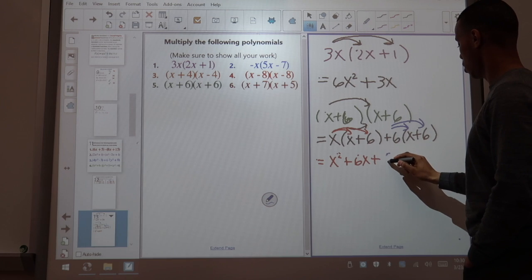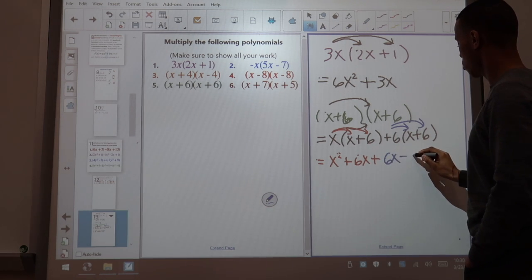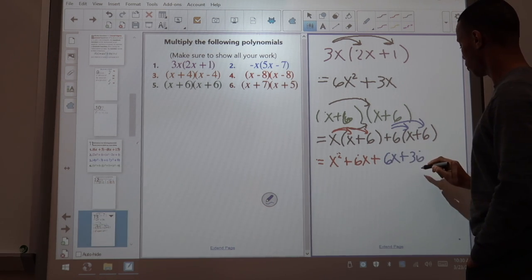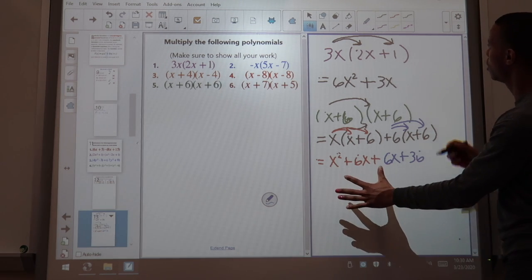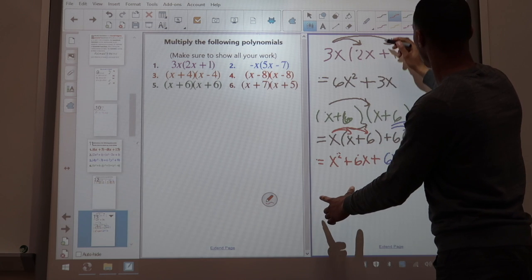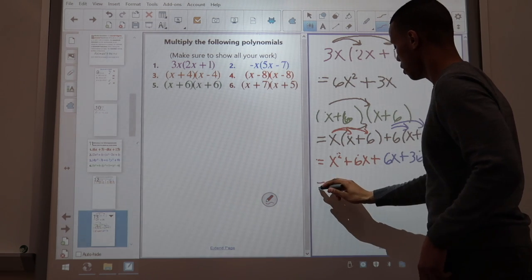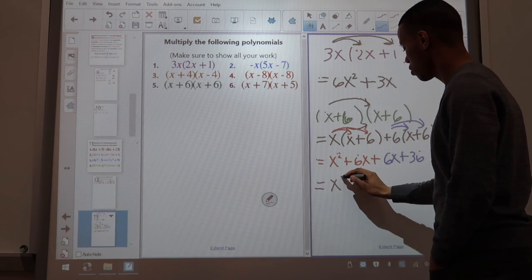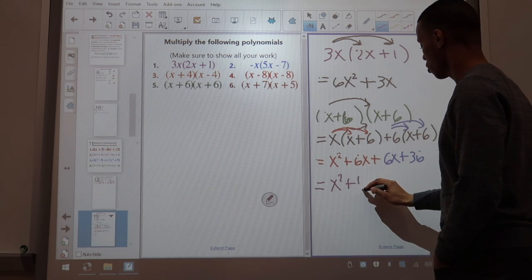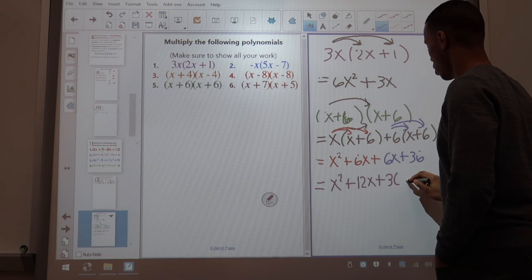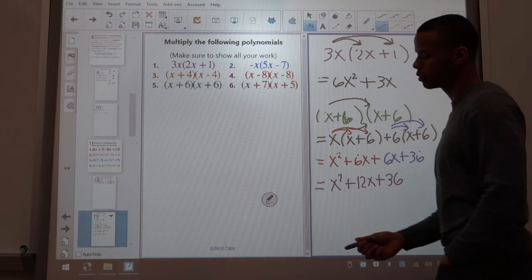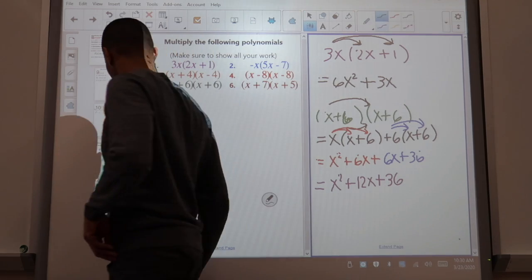So this would be 6x plus 36. Now notice how you can combine this middle term again. So this will be equal to x squared plus 12x plus 36. And then that one will be done.